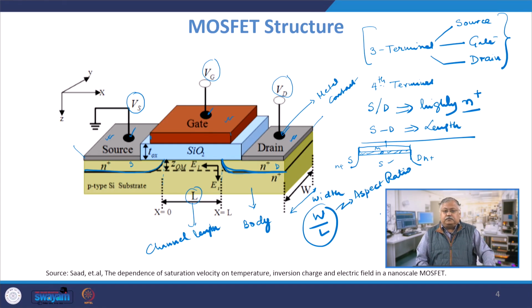We will see how it works after some time, but this is the overall structure where, if it is a p type substrate, you give a positive bias on the gate side and a positive bias on the drain side, and you ground the source terminal. At this stage, let us not go into the principle of working. Look at the structure and understand the biases here. I am not giving any bias on the fourth terminal of the device.